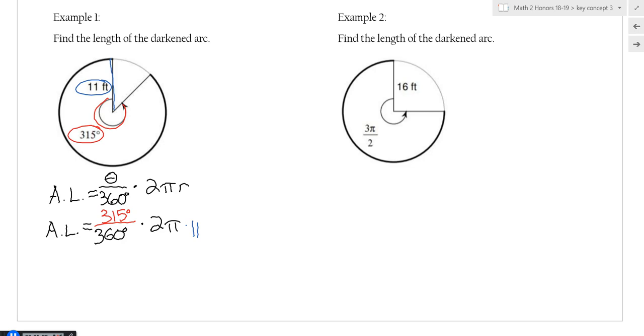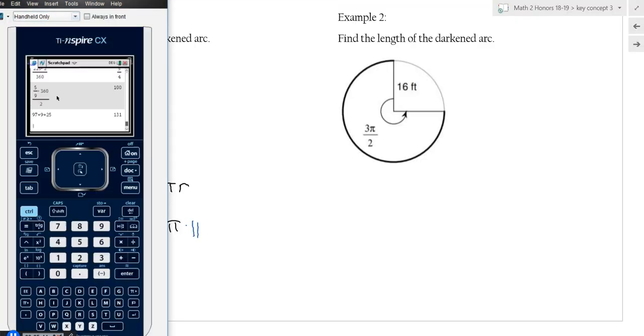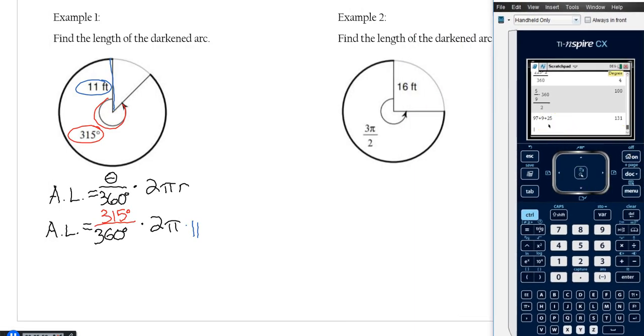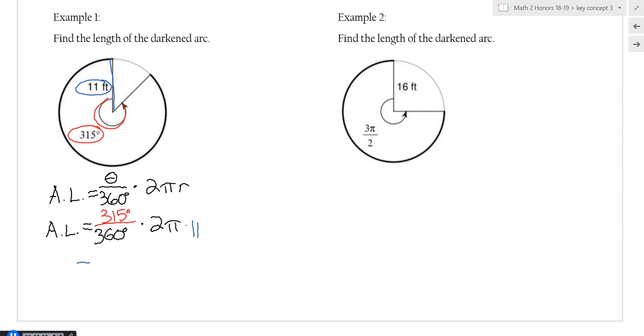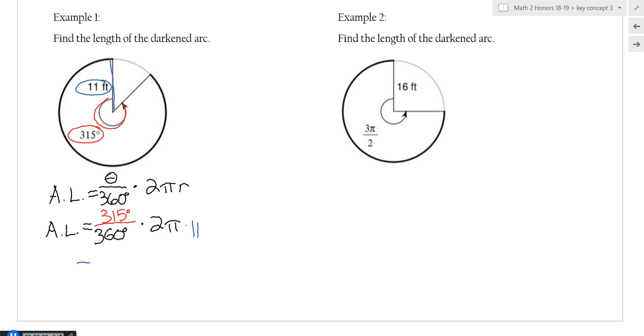And to find this, I really just want to type it all in my calculator. You can get this fraction if it makes more sense to you that way. All right, so this is 7/8 of our circumference, and our circumference is 22 pi.